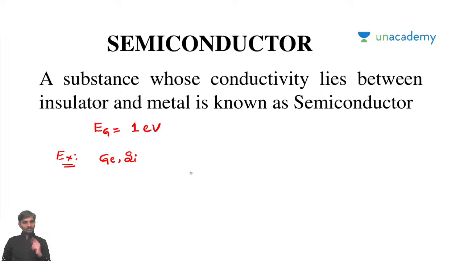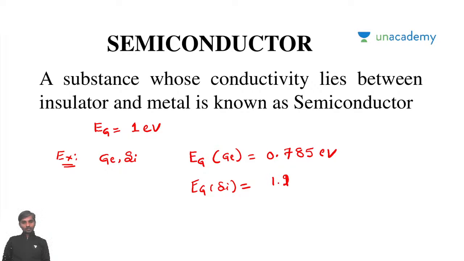But meanwhile, remember the energy gaps of germanium and silicon. The energy gap of germanium is 0.785 electron volts, whereas the energy gap of silicon is 1.21 electron volts, and these two are at 0 degrees Kelvin temperature.